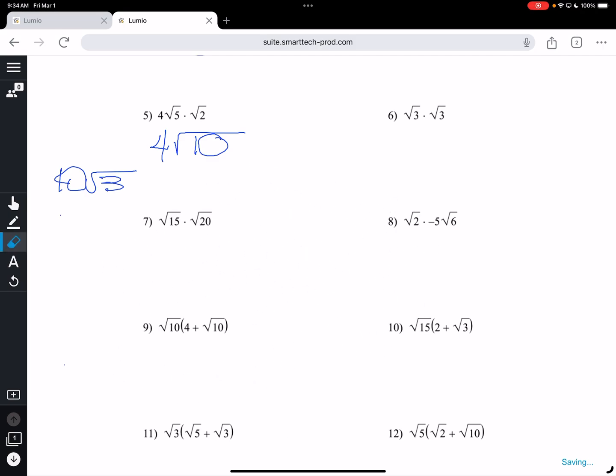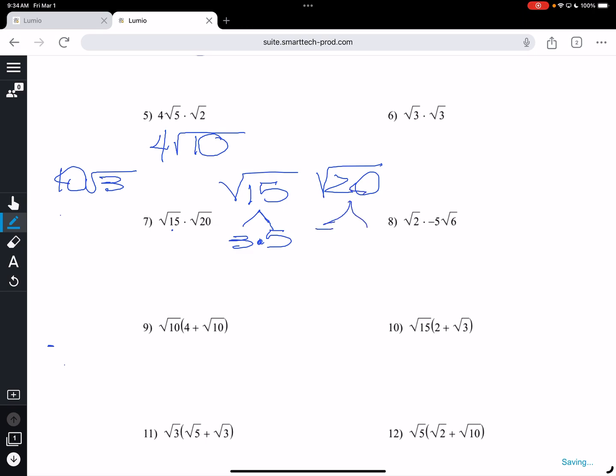Another way to do it where you're not having as much multiplication to do is this. Go ahead and factor 15. How would we break 15 down just as factors? 3 times 5. How do we break 20 down as factors? 4 and 5.